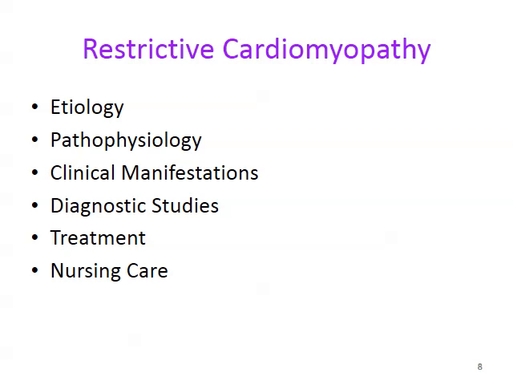The patho is basically that it's the rarest form of the cardiomyopathies, and it's characterized by stiff ventricles that restrict filling during diastole. Now, symptoms are similar to left or right heart failure or both. Treatment and nursing care is basically going to be the same. Prognosis for this type is very poor because of the stiffness of their heart. So they specifically need a heart transplant.